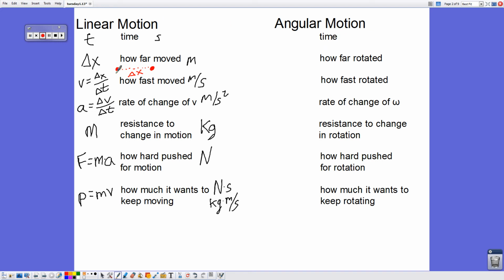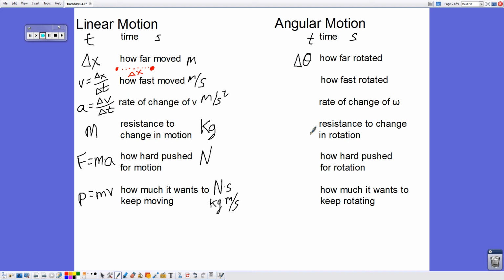So instead of talking about moving in a straight line, now we're talking about moving in some sort of circular motion. Time is unaffected by this. We still measure time the exact same way. Now, how far something has rotated, we measure that with an angle. But we can also use an angle to just represent a position.